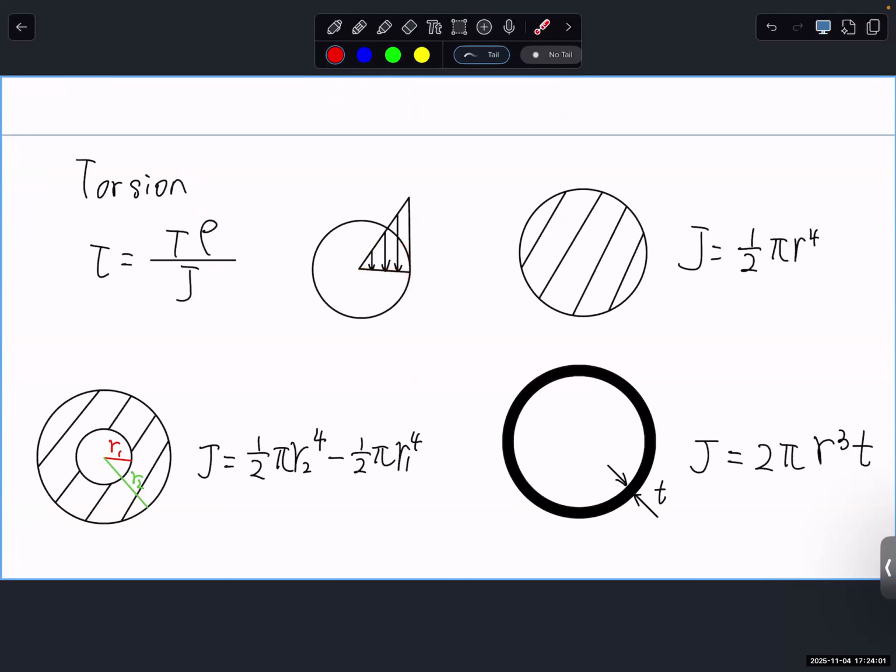So let's say if we want to design a structure that can survive a certain torque, but I want it to maintain the minimum weight, how to maintain the minimum weight? I remove the center area because the center area does not function much. So that's why you see a lot of tube kind of structures if the majority of the load is torque.